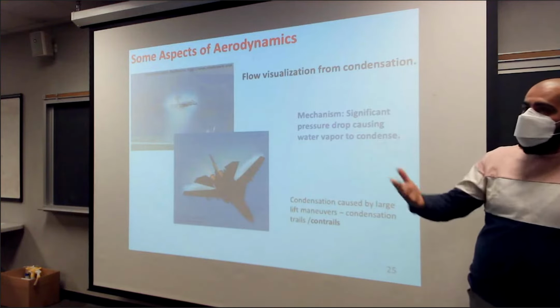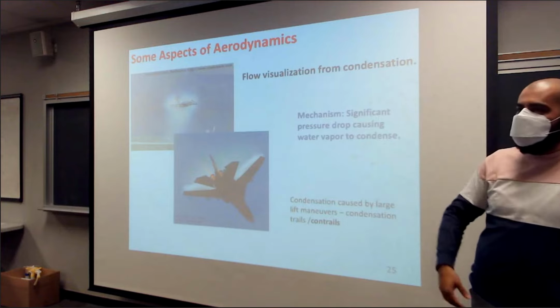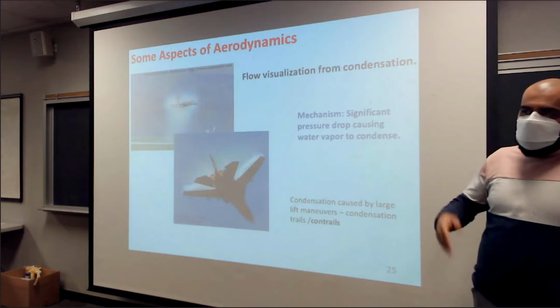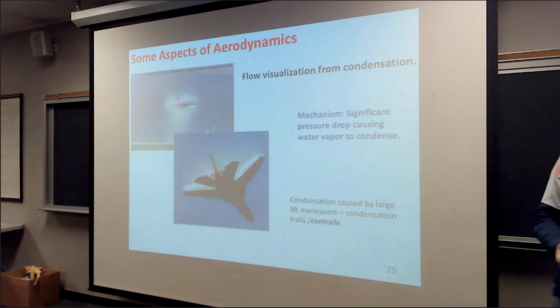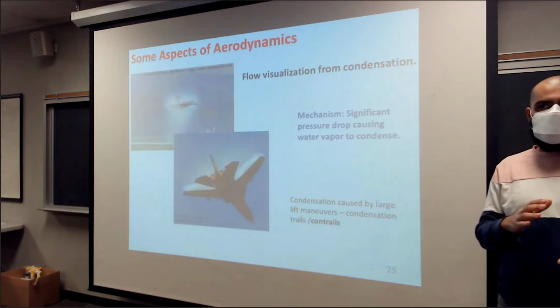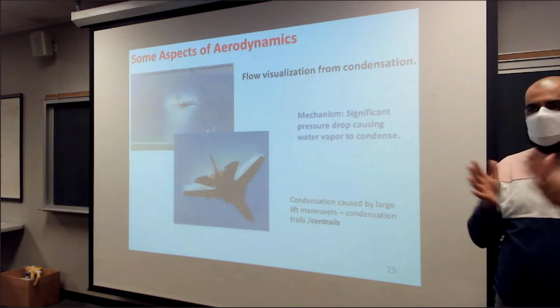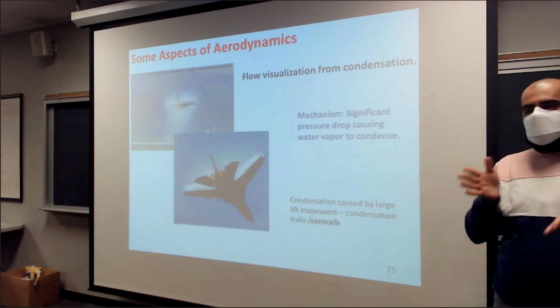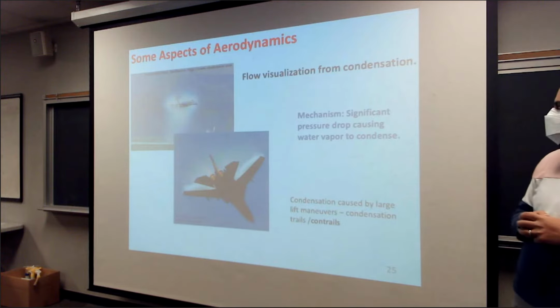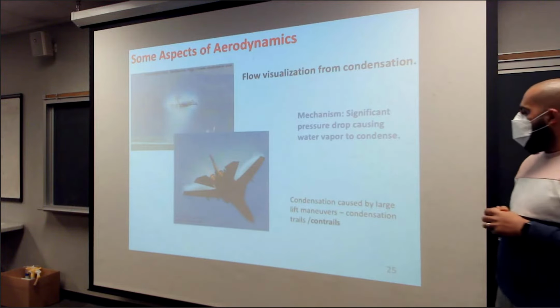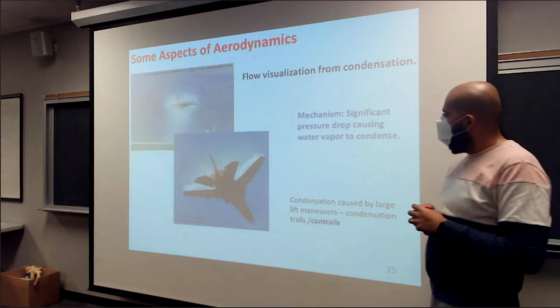It is essentially a combination of millions or billions of pressure waves. A pressure wave is a movement of a pressure differential, so before and after the wave you have a different pressure. When you combine many pressure waves, you get something called the shock wave. We're going to talk about shock waves later on in the course.